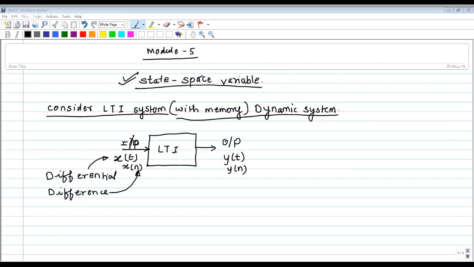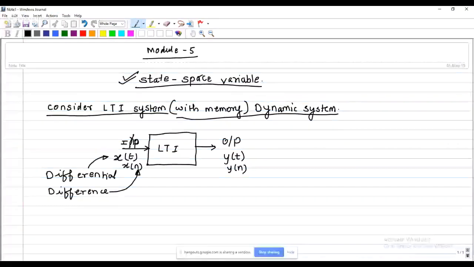Okay. So let us move ahead. Now, let us define what we mean by a state. Let's say this is my LTI system, which we call with memory.